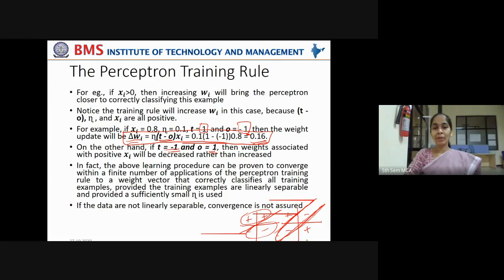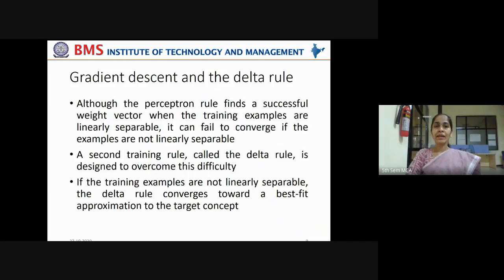In that case, we may have to go for some non-linear equations. Our decision is wrong that a linear equation will fit this kind of non-separable classes. In that case, we have to go for non-linear equations, which better explain the behavior of the data, which better classify the data. Right? That is how we proceed to the next concept, that is the delta rule.